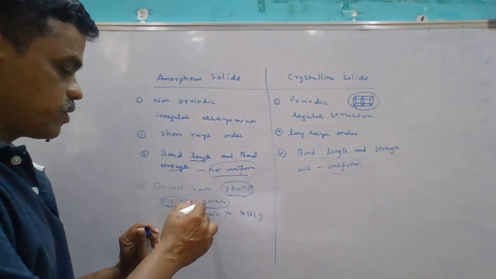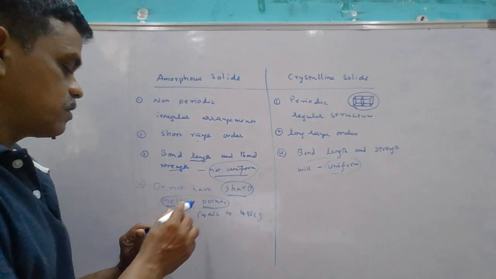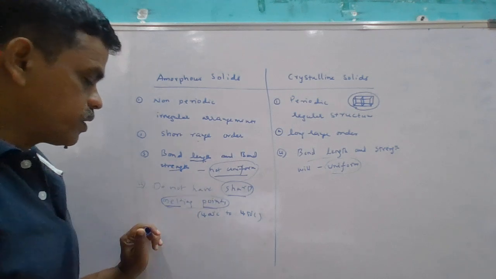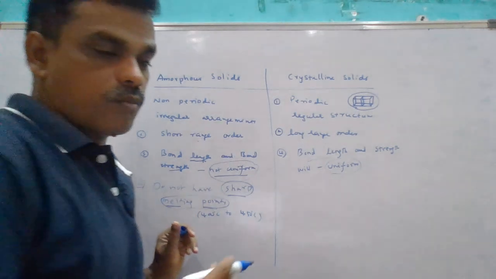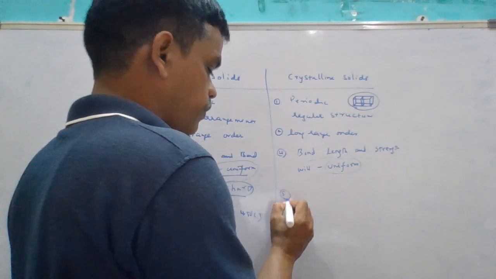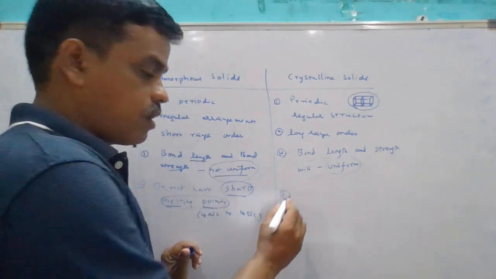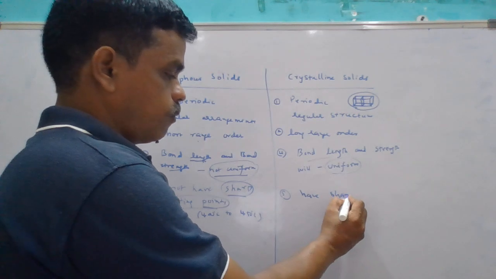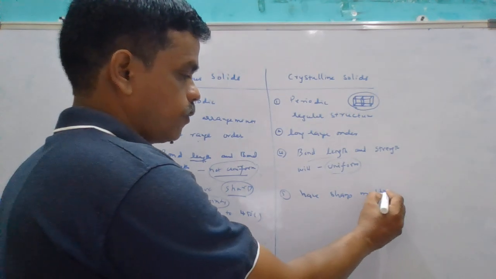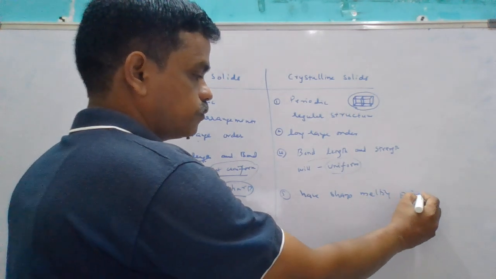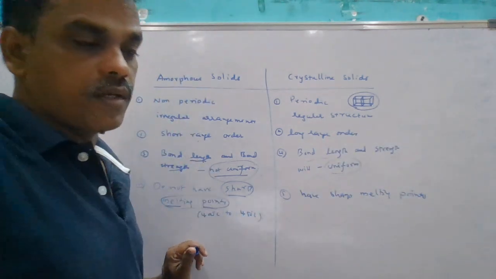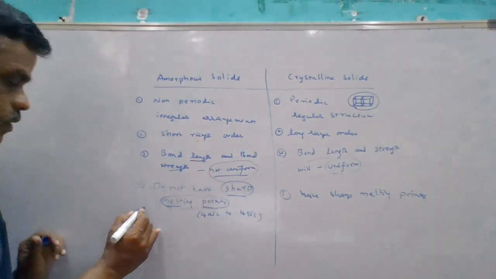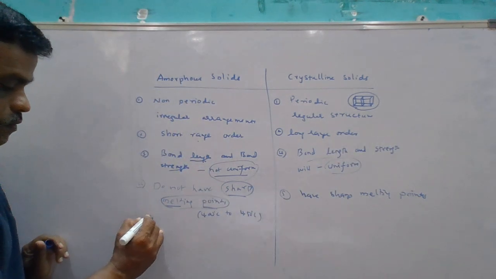There is not that much difference. That means do not have sharp melting points. But what about crystalline? Fifth one, have sharp melting points.